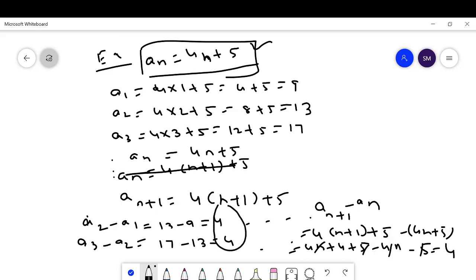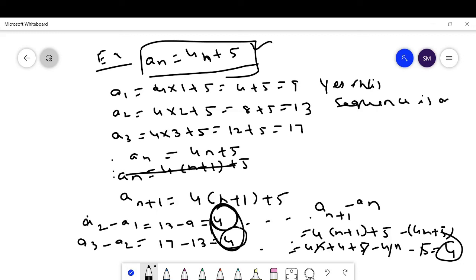Here we find the common difference is 4 everywhere. Yes, this sequence is an AP with common difference D equal to 4.